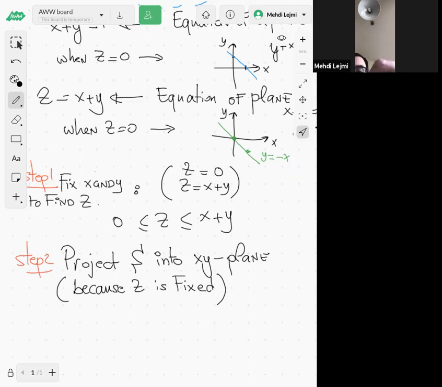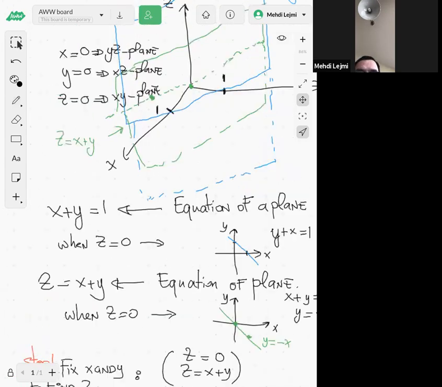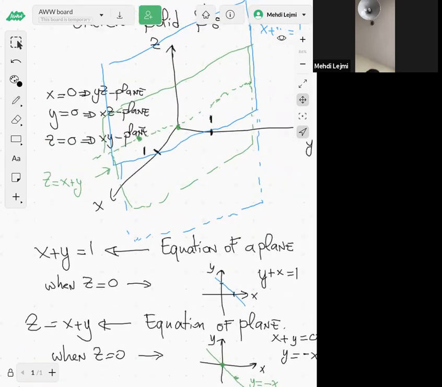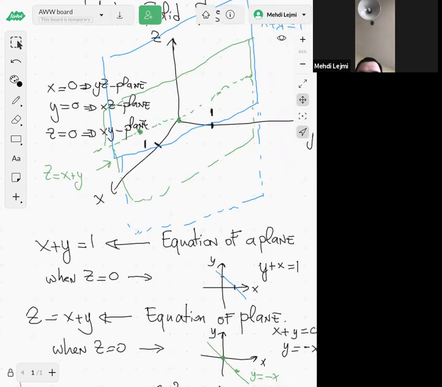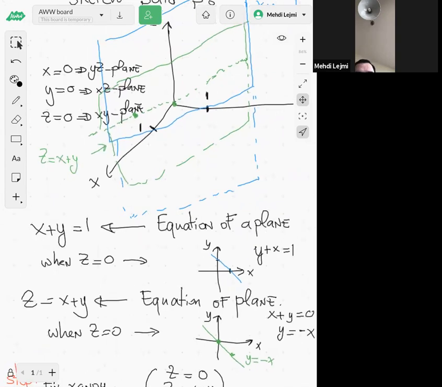Then now projection into the xy plane. So what do you have? What will be the region when you project your solid into the xy plane?